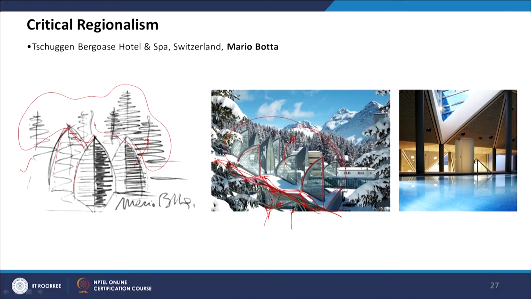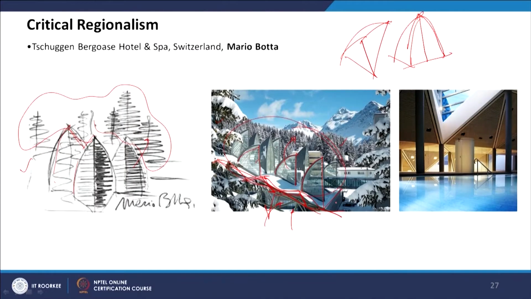There is also a difference among the skylights: some have this kind of design, and some are like this. Because in the natural setting the trees are different, to break the monotony he created these different skylights, and they are positioned in different places.